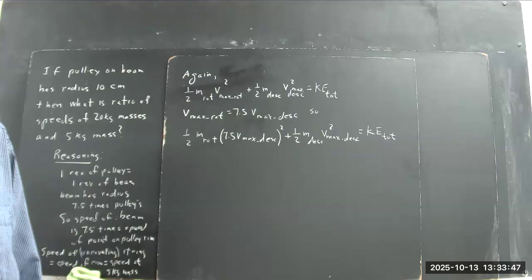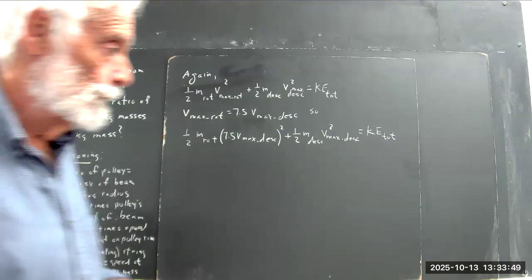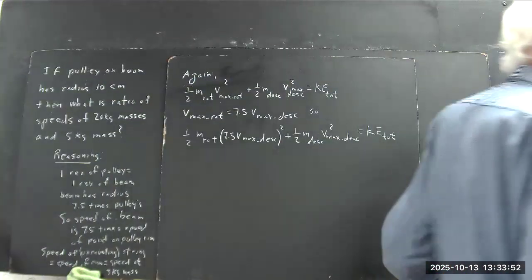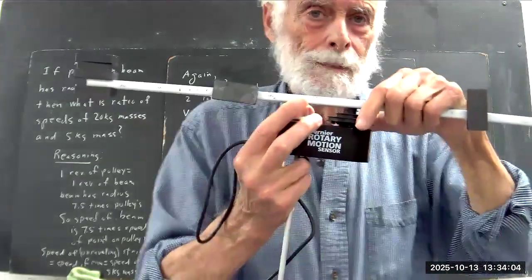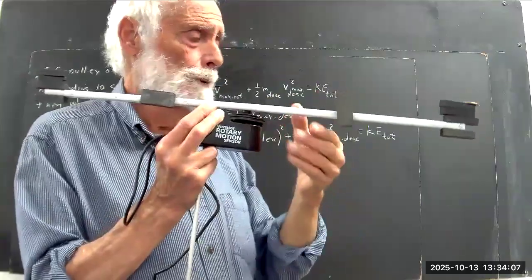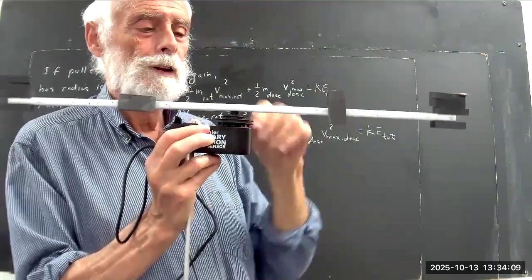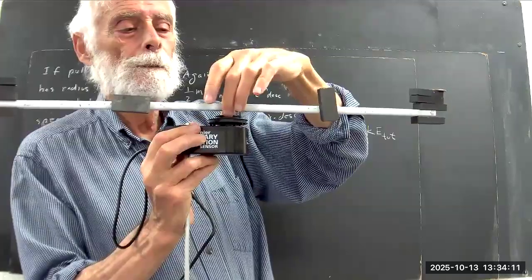Now, a little bit of information on the system that we're using. We have 2 pulleys. Okay. If you look, I think we got reasonable focus at this distance. There's a pulley right here.